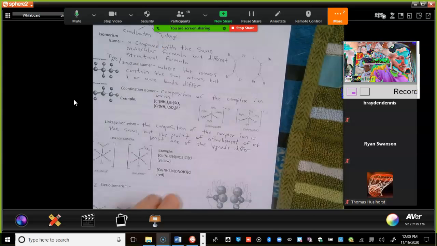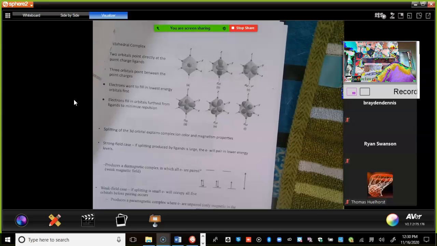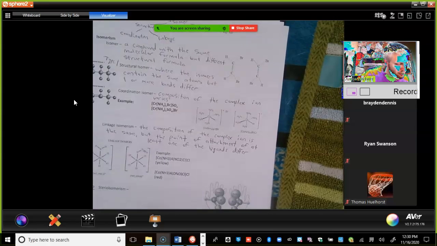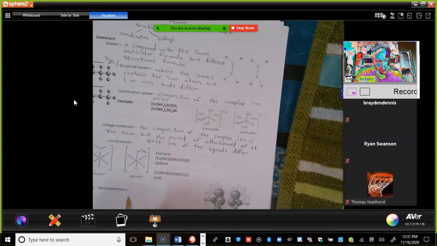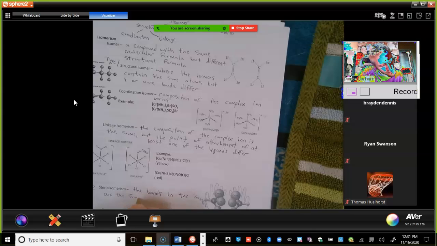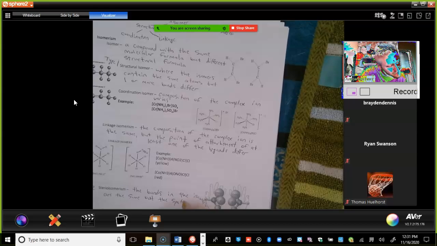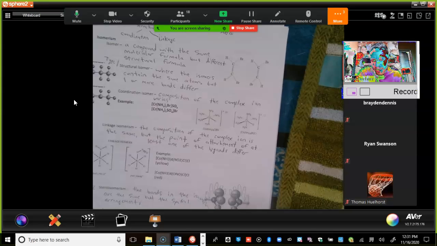Alright, then we got stereoisomerism. I think we'll just have enough time to finish that up. So, what is stereoisomerism? The bonds in the isomers are the same, but the spatial arrangements of the atoms are different.